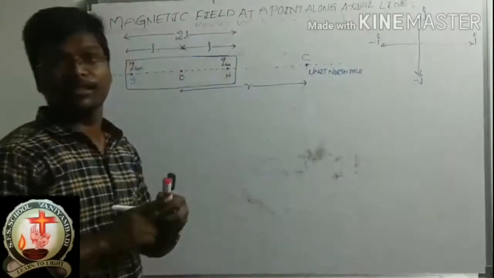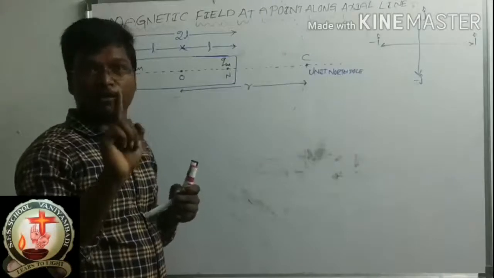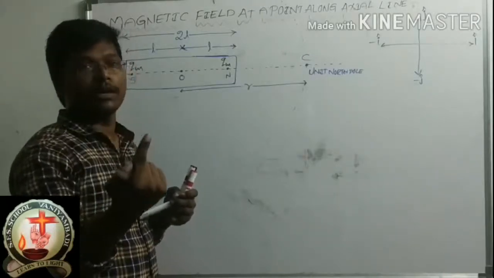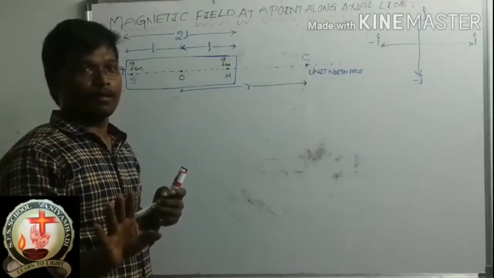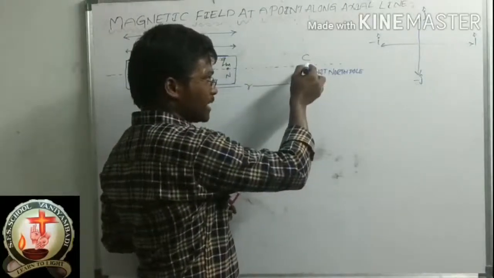Unit north pole means what is the value? 1. Unit means 1 only. Unit north pole means value 1 only. So you can remember that. The unit north pole is considered at point C.